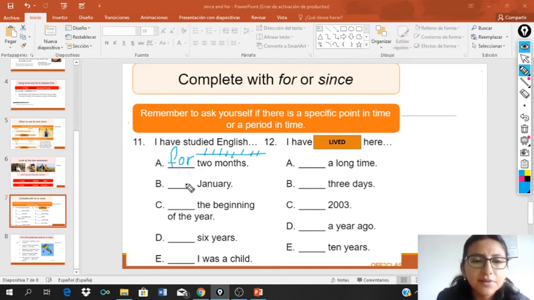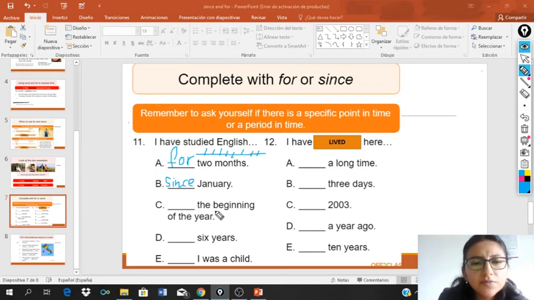Okay? Letter B. I have studied English for January or since January. Okay, since January. Okay? Another. I have studied English for the beginning of the year or since the beginning of the year.